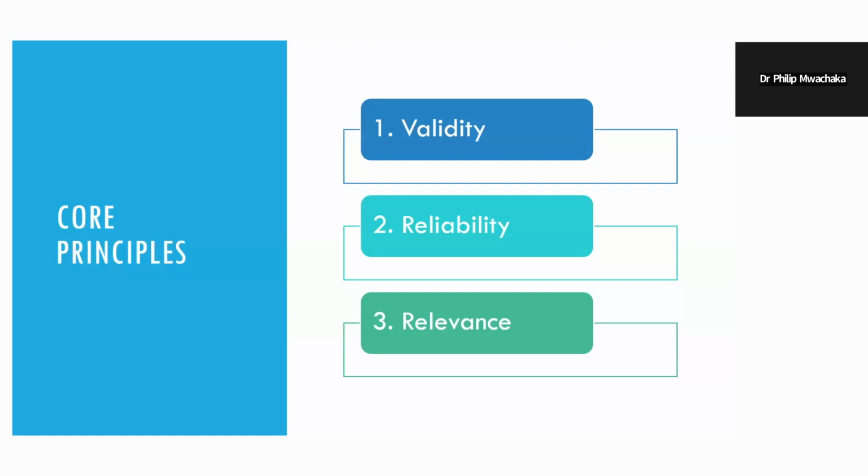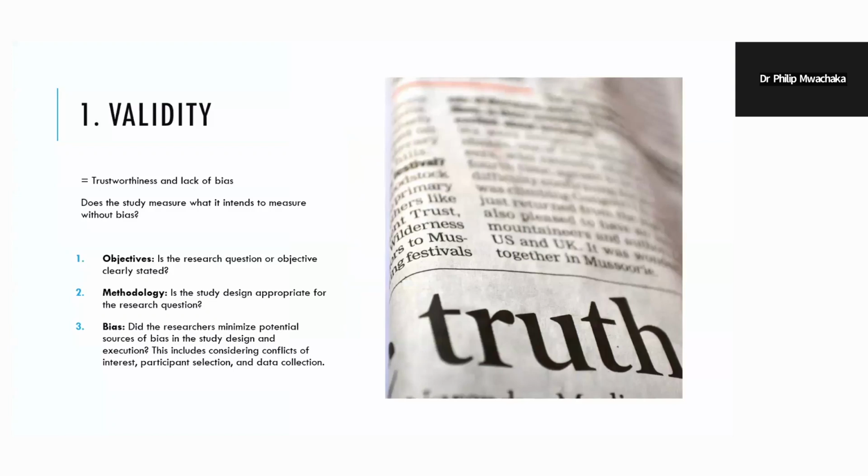The three are validity, reliability, and relevance. We'll be discussing each of those in detail. So always remember validity, reliability, and relevance. Okay, so what is validity? This is the trustworthiness or the truthfulness of the research paper.